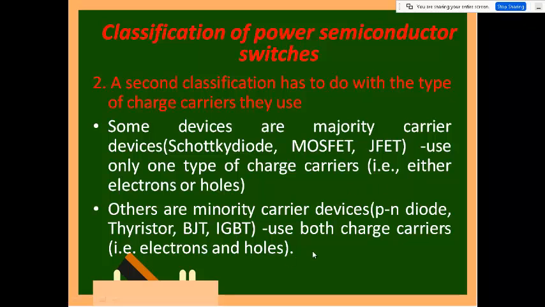So this minority charge carrier problem has led to majority charge carrier devices. Where you face this problem is when you convert AC to DC: your AC goes to 0 after every 10 milliseconds.